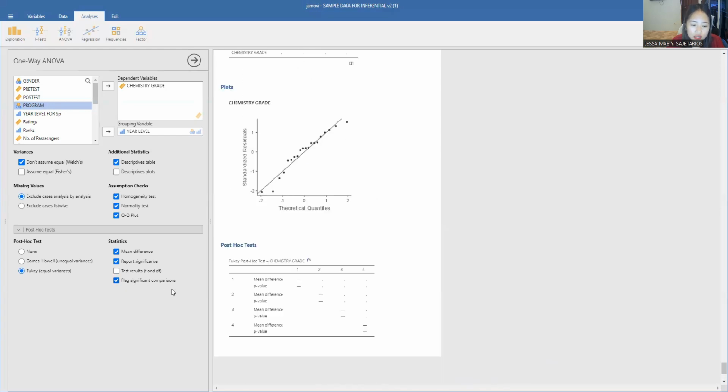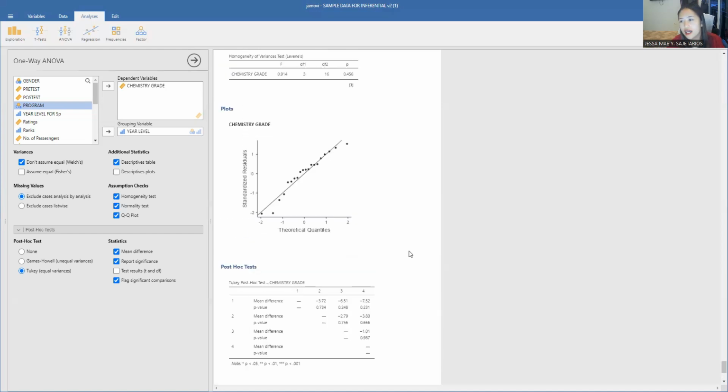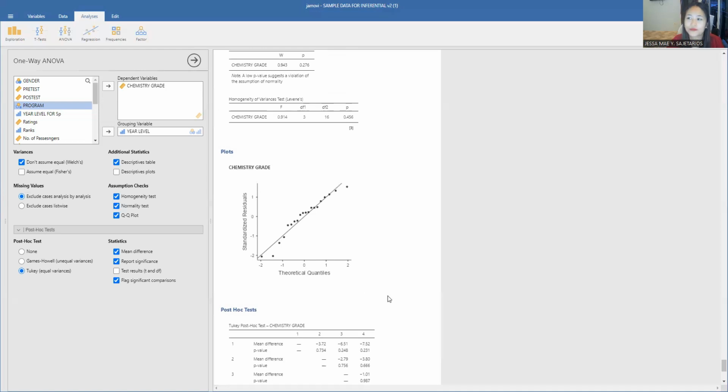So you can check here the flag significant comparison to easily detect kasi mabo-bold na ano siya, asterisk the moment may significant relationship, which as you can see here in the data, wala ni isa dito ang less than 0.05. So tama to ang one-way ANOVA that there's no significant relationship from all year levels based on their chemistry grade. So basically, that's one-way ANOVA.